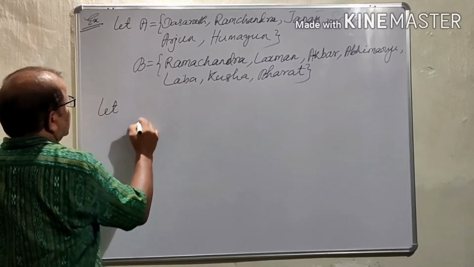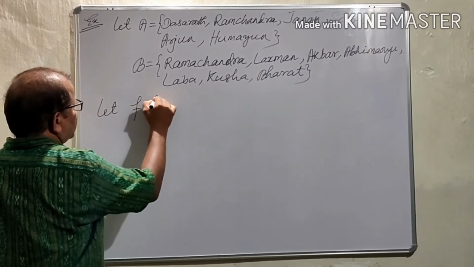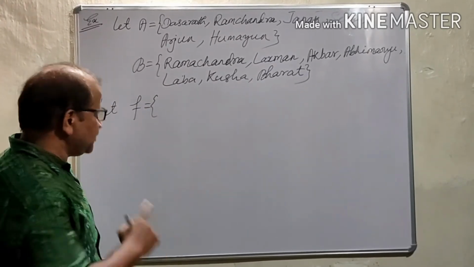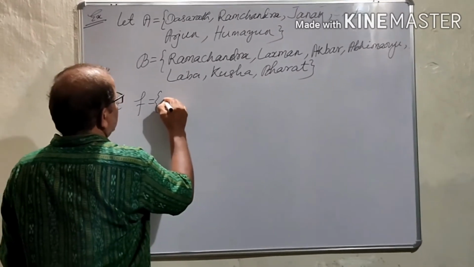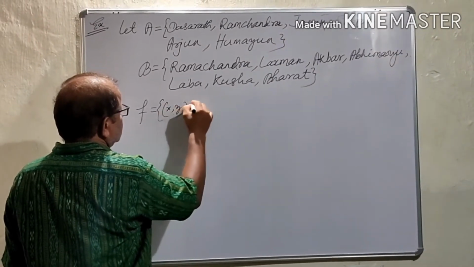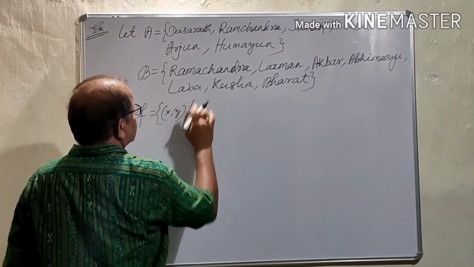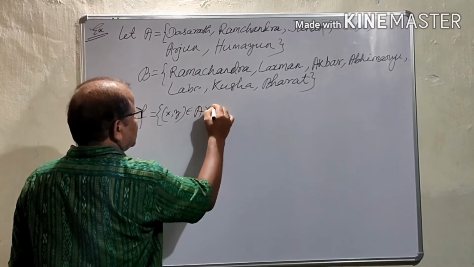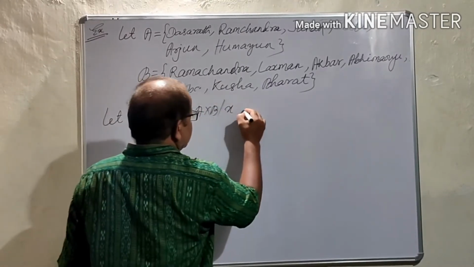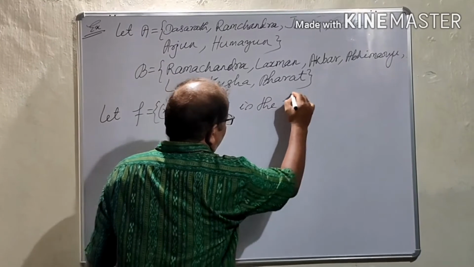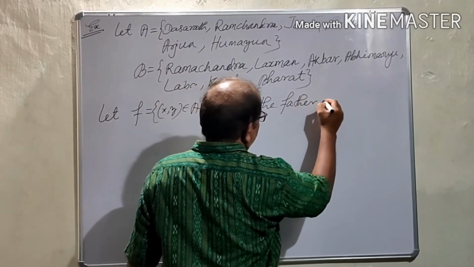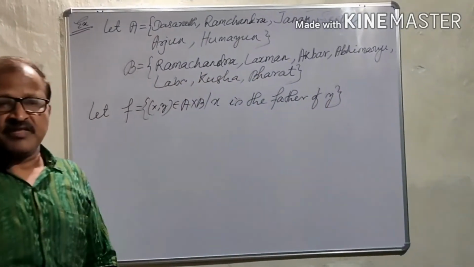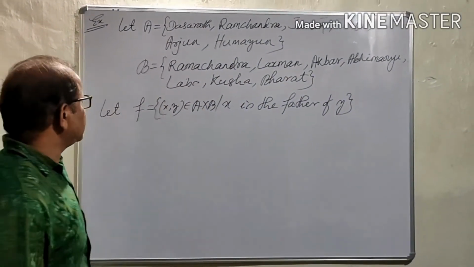Let my F be, I will define a social relation in a mathematical way. (x, y) belongs to A Cartesian product B, such that x is the father of y. x is the father of y.